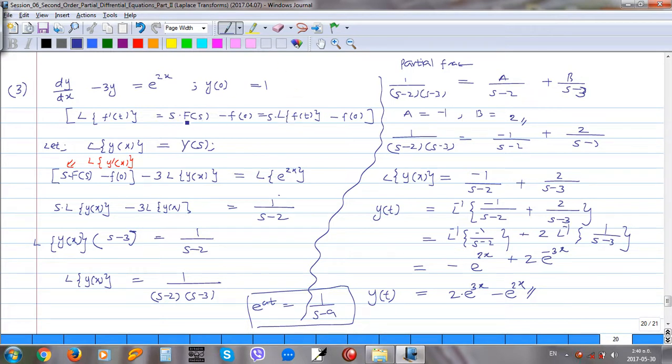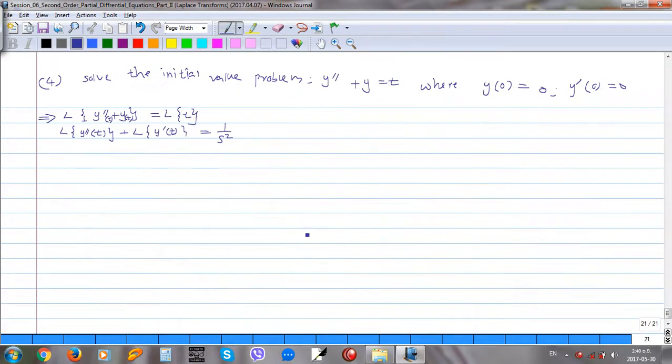For here, I can write L of y double dash(t) equals s square Y(s) minus s y(0) minus y dash(0). We discussed this formula earlier. And plus L of y(t), that means Y(s), equals 1 over s square.